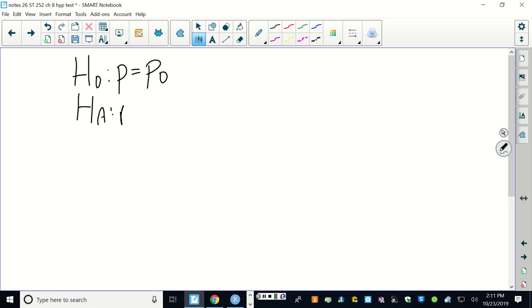The alternative is that it's not equal to that, or, I think in one of the data examples, it's asking is a rate higher? So is the proportion equal to some number p sub 0? Or actually higher than p sub 0?